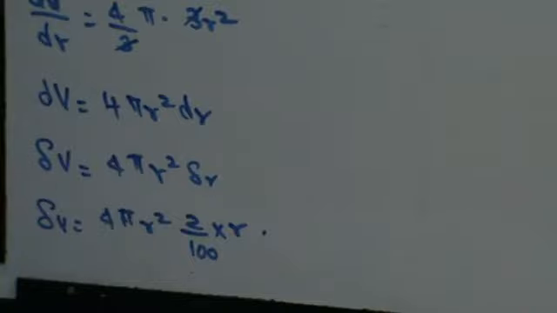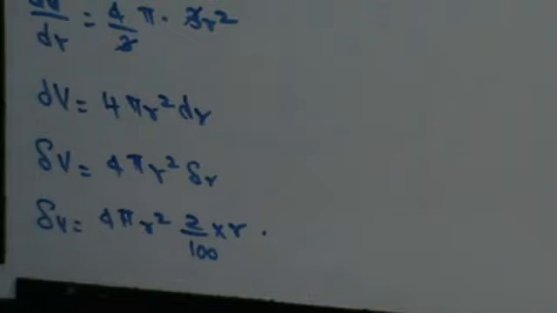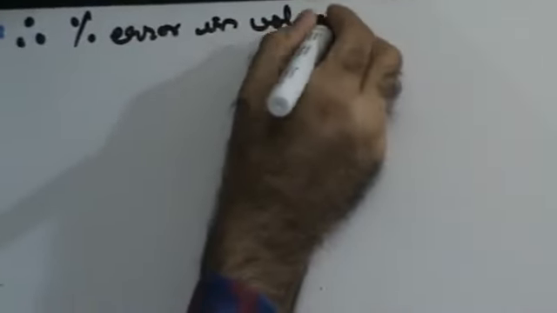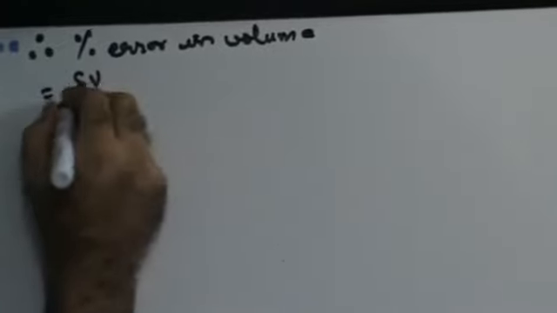Right? So now we know the value of delta V. Once I know the value of delta V, then I can find out the percentage error in volume. They've asked me to find out the percentage error in volume. So therefore, percentage error in volume is nothing but delta V upon V into 100.